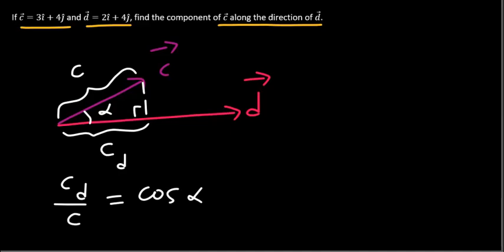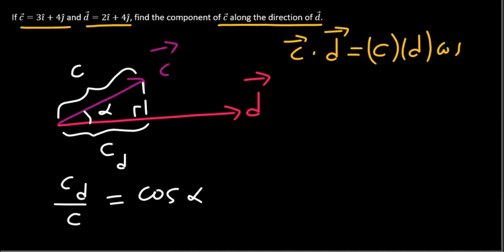From dot product, we can write vector C dotted into vector D equals the magnitude of vector C times the magnitude of vector D times the cosine of the angle between them, which is alpha.